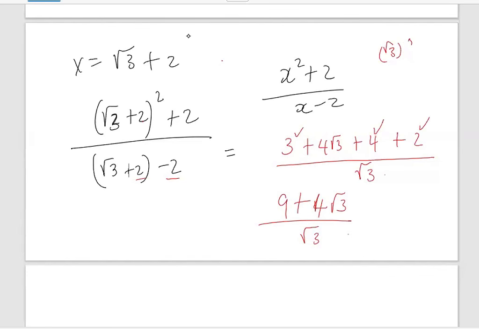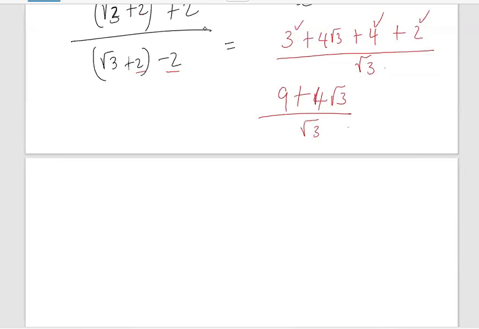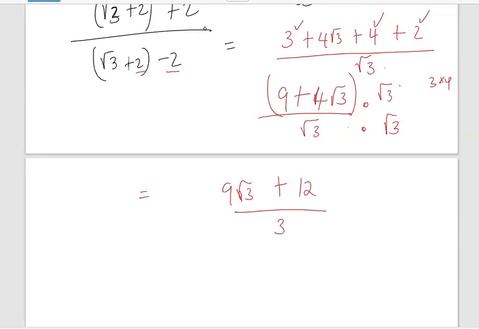What does the question want? The question wants the denominator to be rationalized. A rational denominator means it's a whole number, and this one is irrational. So what we're going to do is multiply by root 3 on top and bottom. 9 times root 3 gives us 9 root 3, plus 4 root 3 times root 3 gives us a 12, because root 3 times root 3 is 3, then times 4 is 12, over 3.